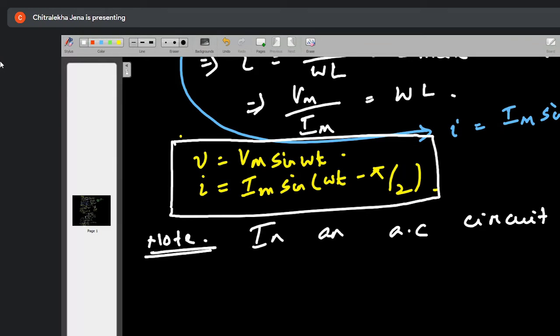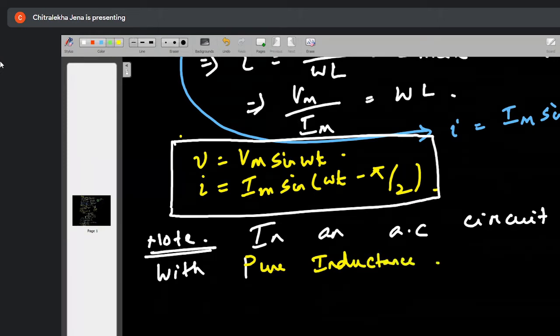According to the circuit elements, there will be variation in the phase difference between the voltage and current, right? So in an AC circuit with pure, what have we taken? We have taken pure inductance only.